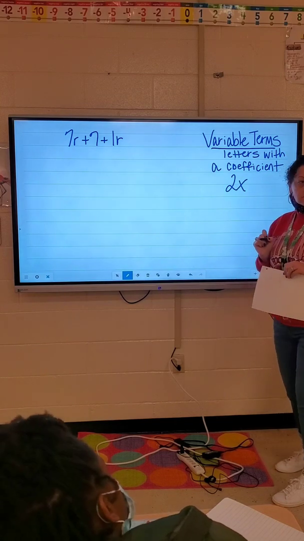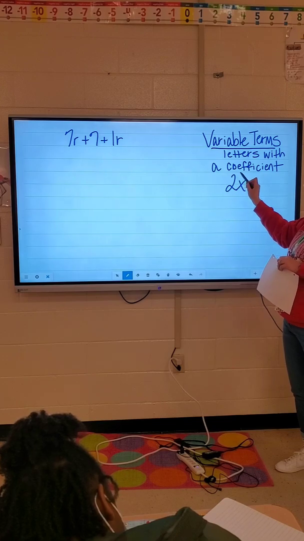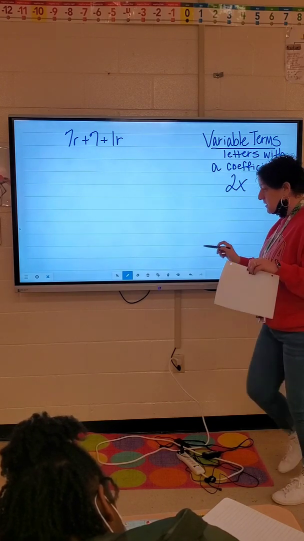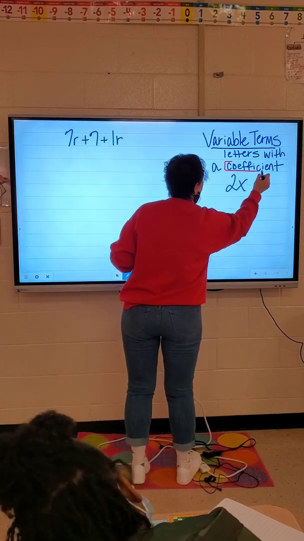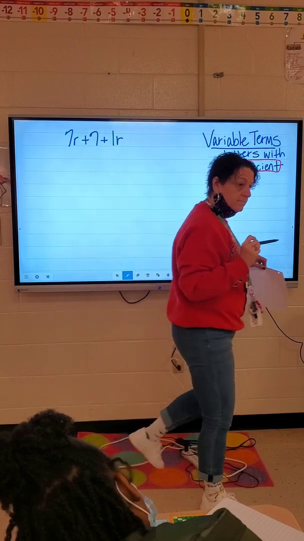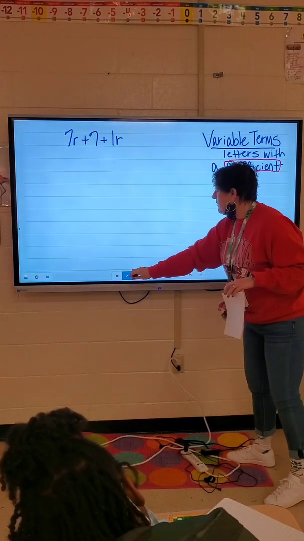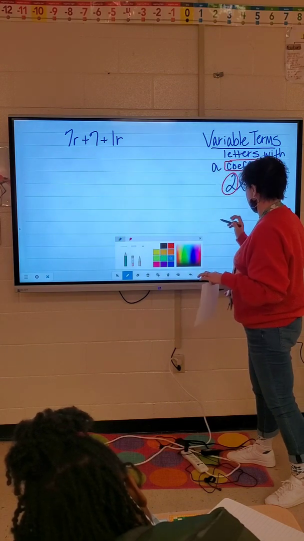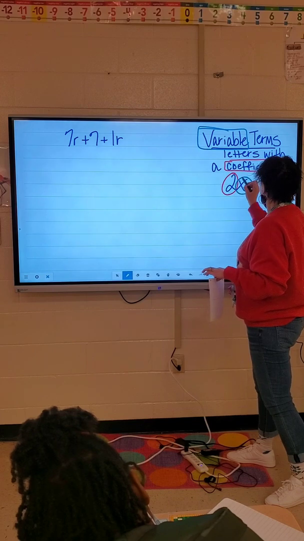So, for example, 2x. This is a variable term, and the coefficient is 2. Okay? The variable in this term is x.